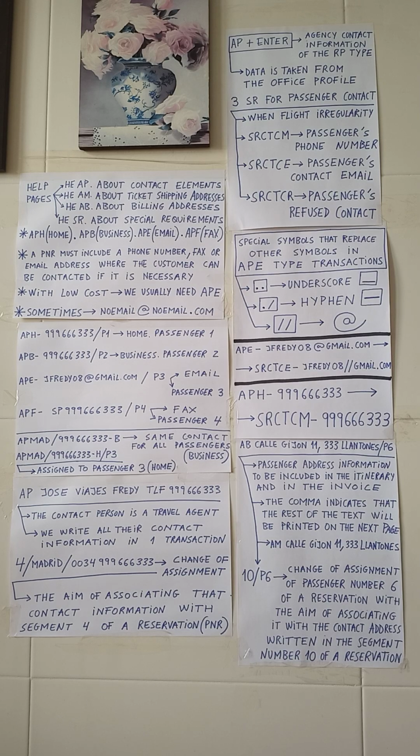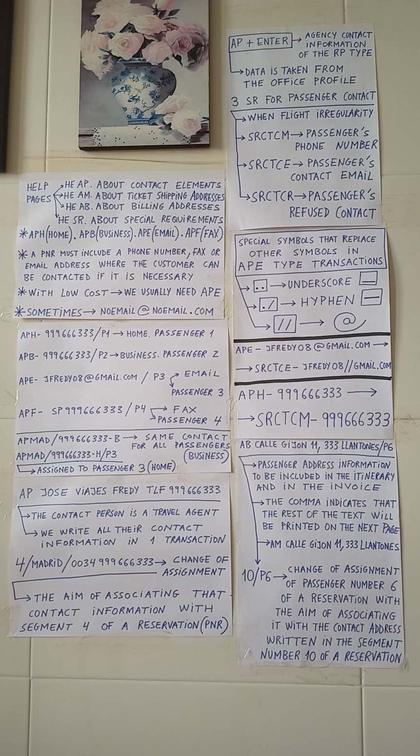We can also see an example with this transaction, but let me tell you that everything I said before applies here, okay? Now I am going to this transaction, the AM transaction.